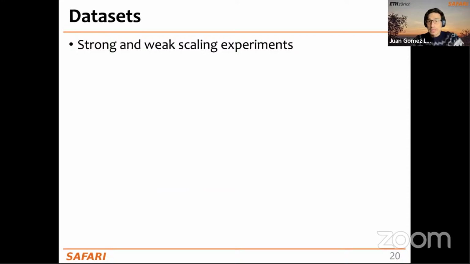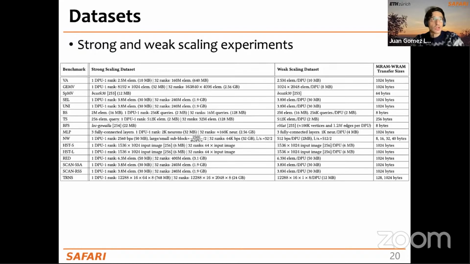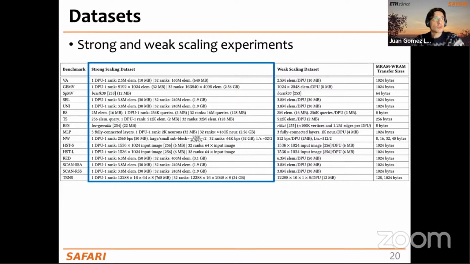And we use some data sets that are also accessible in our repository for the strong and weak scaling experiments. Here you have the whole list of data sets for strong scaling. These are the data sets for one DPU or one rank, these are the data sets for 32 ranks, and then the weak scaling data sets.